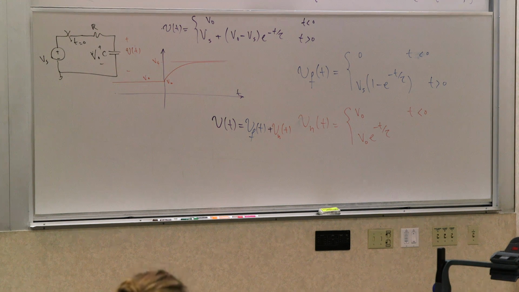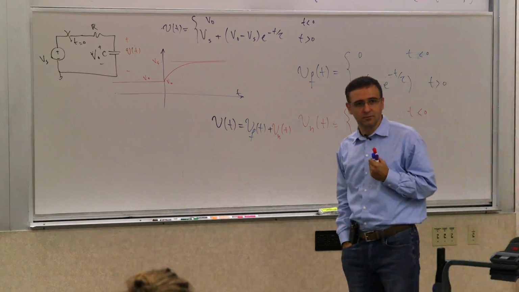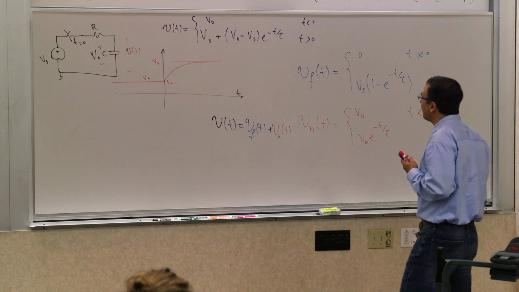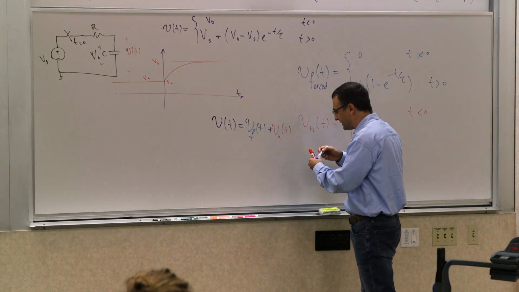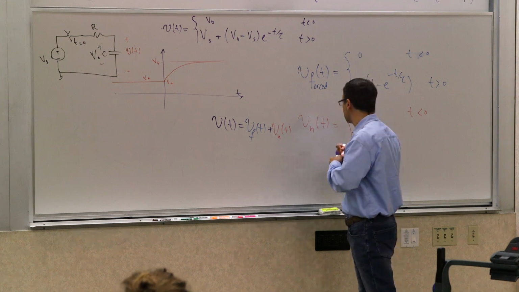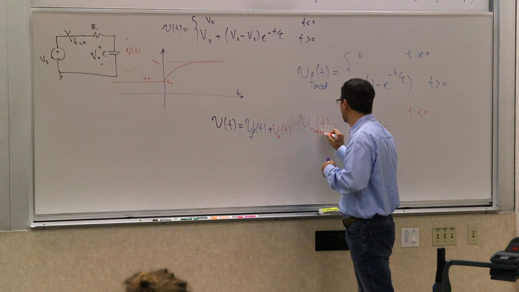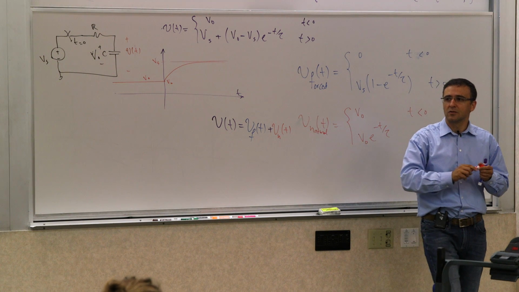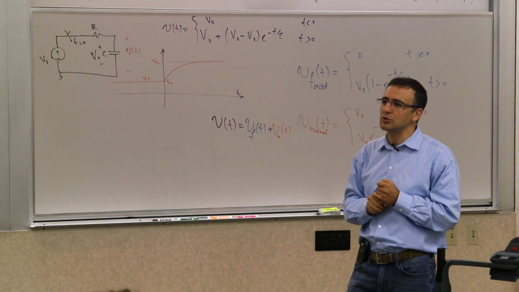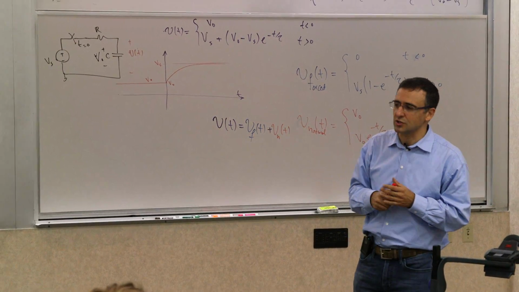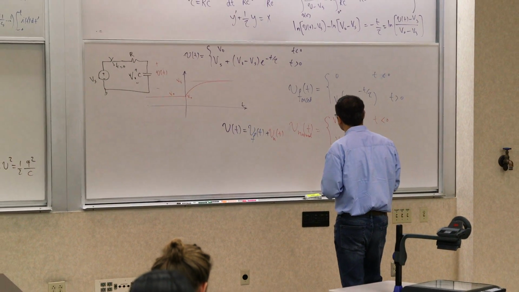But this particular decomposition is actually pretty meaningful. F stands for forced, and N stands for natural. So what do we mean by forced response and natural response? This is one of the decompositions. There are other decompositions that we can make for a response.